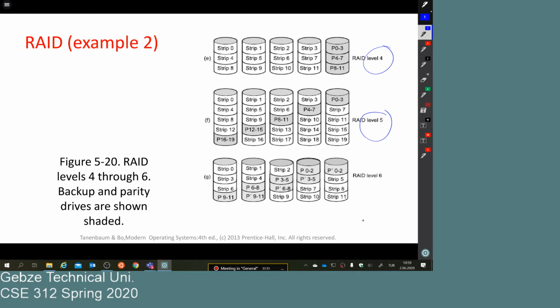So why would you prefer RAID level 5? Level 5 is more reliable, you mean? Why? It uses 5 disks. The other one is using 5 disks too. Both of them are using 5 disks. Their reliability is the same.